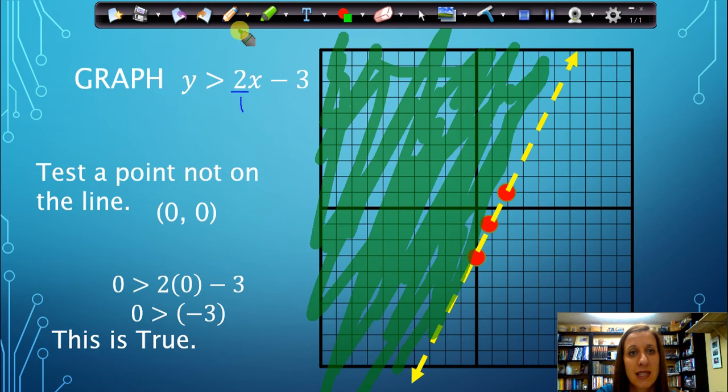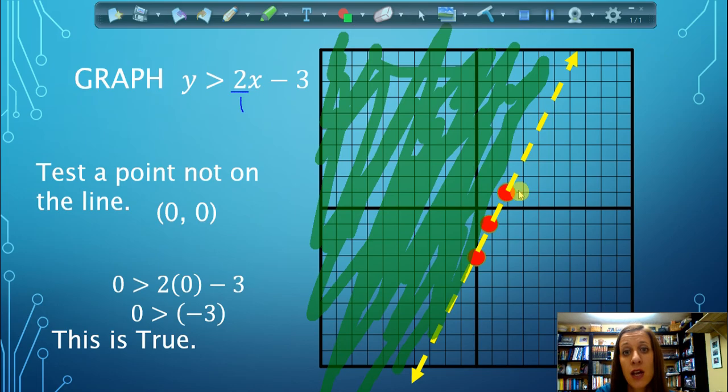So what this means is that every point on this side of our line will be a solution for this inequality. But the points that are on the line, like this point of 1, -1, would not be a solution. If you plugged in 1, -1 and tested it, you would see it was a false statement because it's not equal to. The other quick way to figure out which side to shade is that your y-coordinate should be greater than the line.